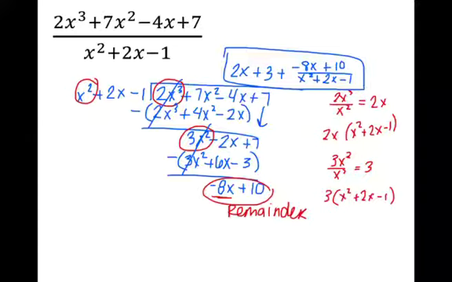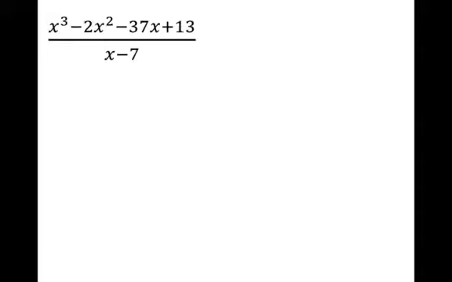So we have what is called synthetic division. We can use that, it takes up less space.